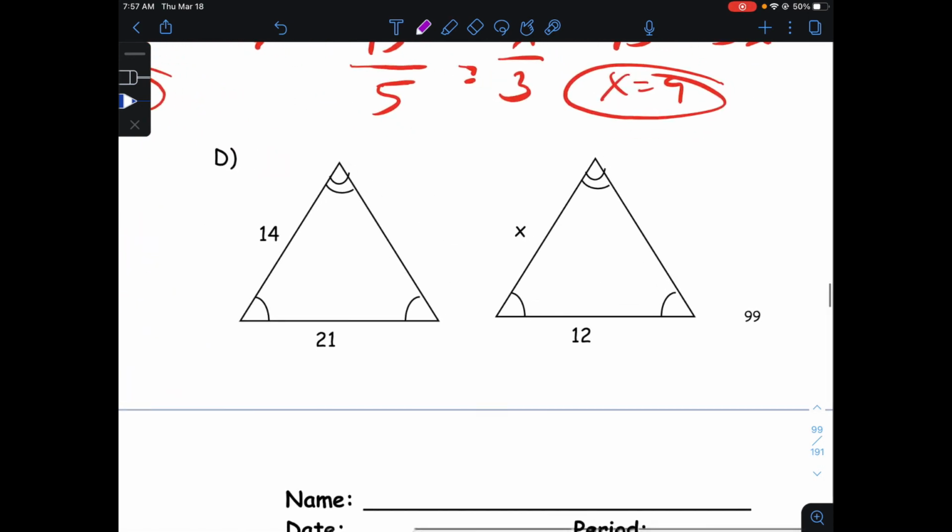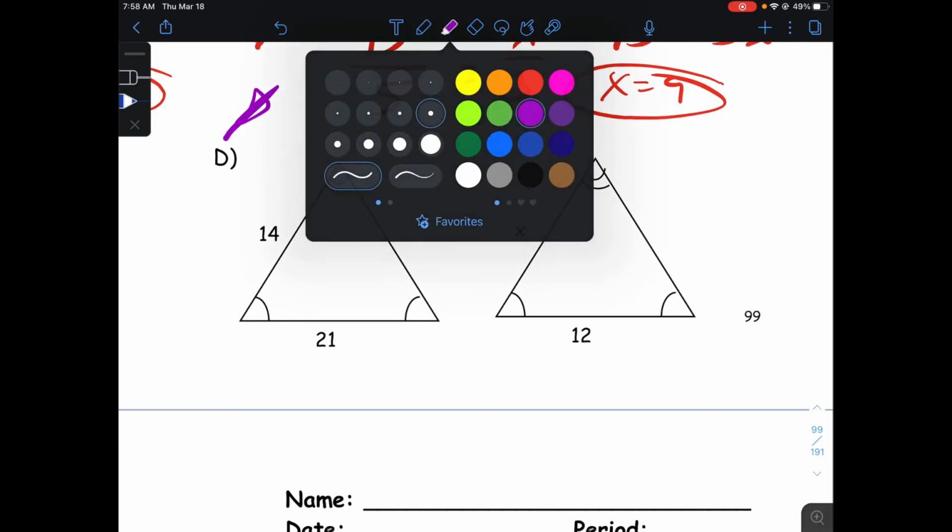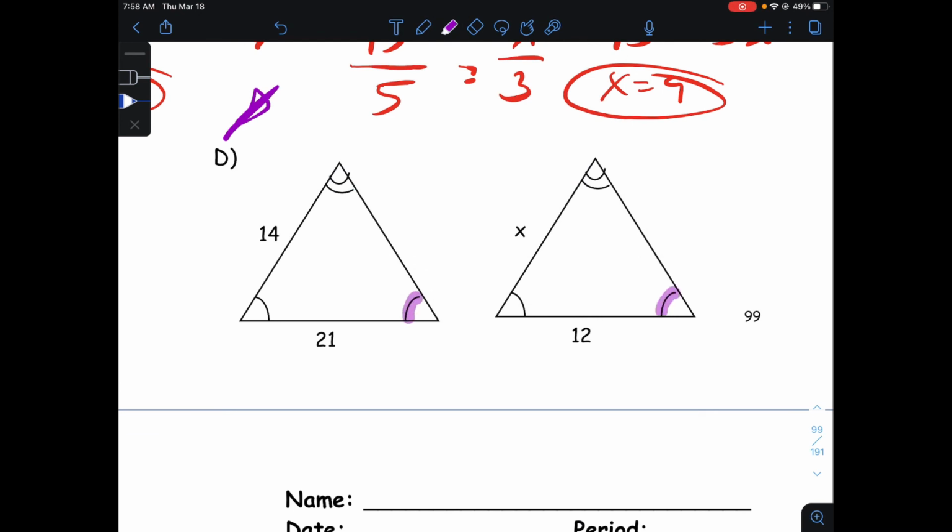All right, so for this last one, see if you can set up a proportion and solve. So when you're trying to figure out which sides go together, these are congruent, so you know that they go together. These angles are congruent, so their sides opposite go together. What I mean by opposite is like right across.